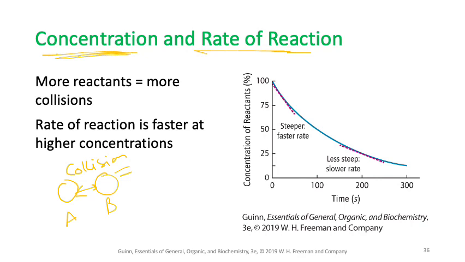They are more concentrated. So a higher concentration means more chances of colliding with each other. If they're colliding with each other, there's a better chance of making a new product. So if you increase the concentration, the rate of the reaction also increases. They're directly proportional: concentration and rate of a reaction.